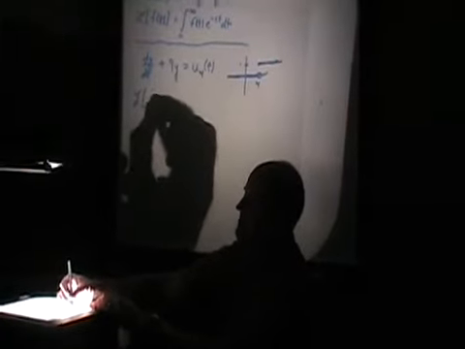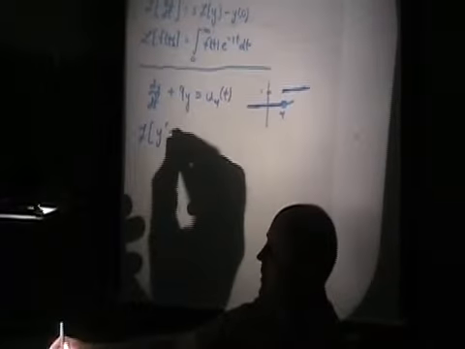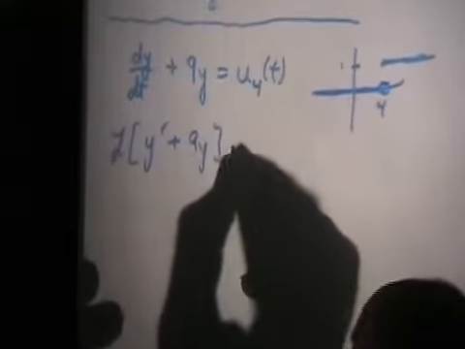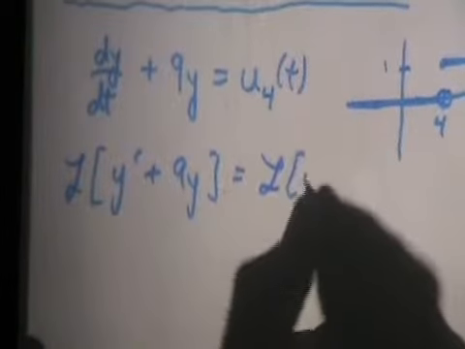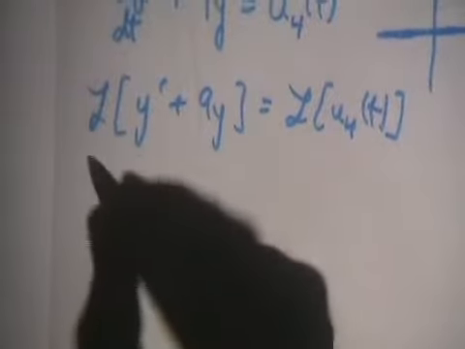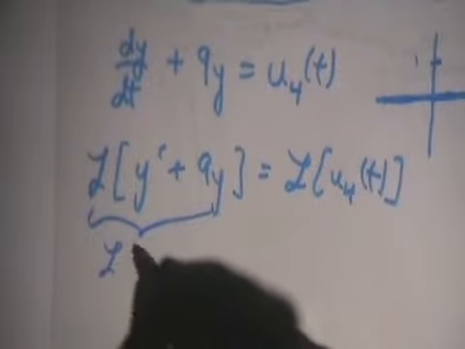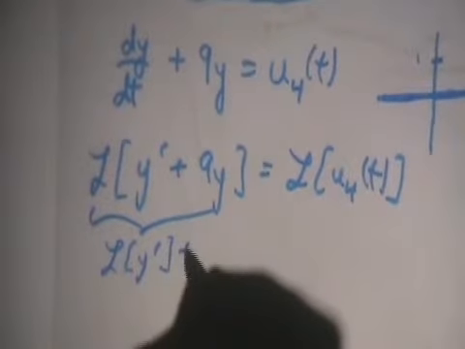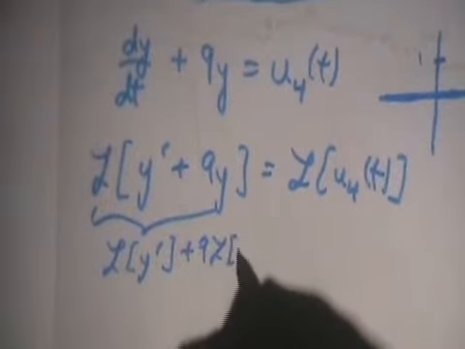So I take the Laplace transform of both sides. I'll write y prime to save time here. Use the fundamental fact that the Laplace transform is linear, so this becomes L of y prime plus 9L of y.